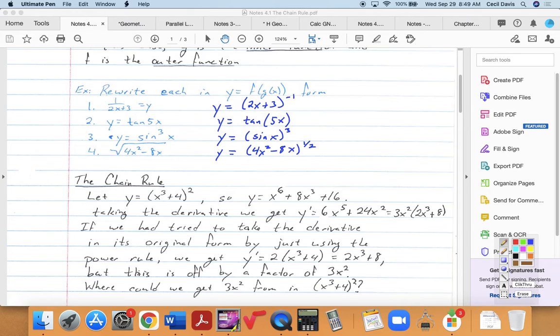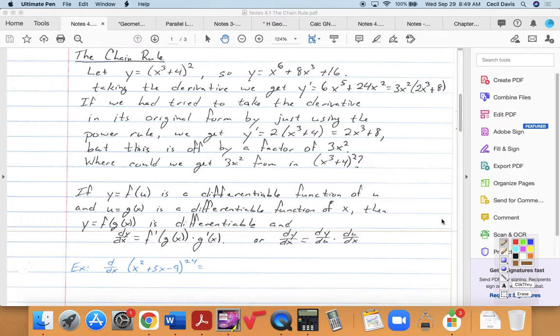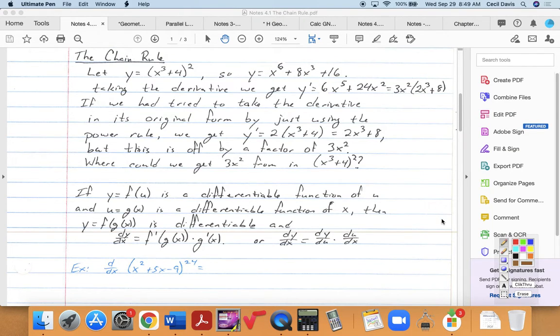Before we get into what the chain rule actually says, let me show you an example. Let's let y be equal to x cubed plus 4 quantity squared. With what we know right now, the only way that we could take the derivative of that would be to expand that.